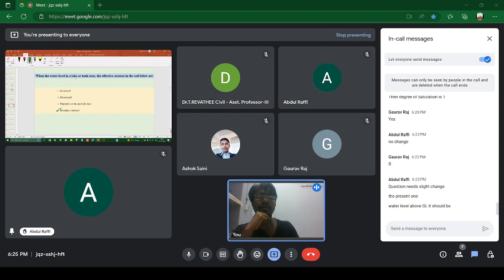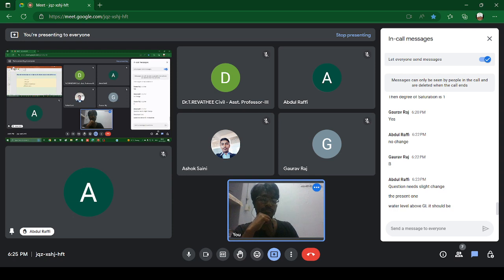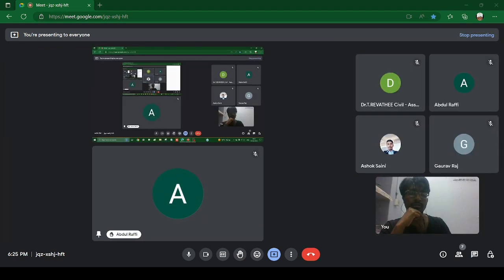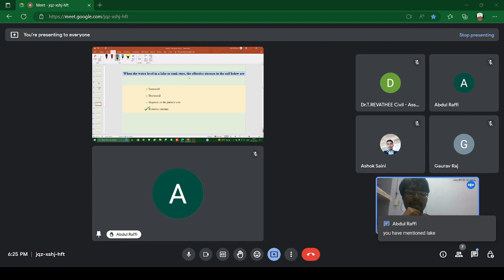If it is a lake and the lake has some soil deposit below, can the soil be called a ground level? No, sir. So, water level in a lake or tank rises, the effective stress in the soil below. I have mentioned the soil below the water level in the lake or tank. Wherever the soil is, how will the effective stress change? It will not change. It will be constant.